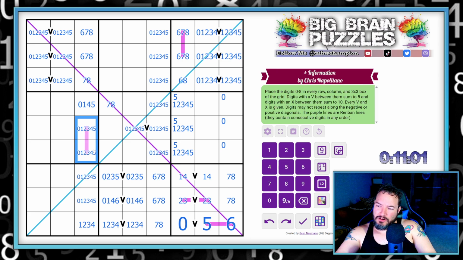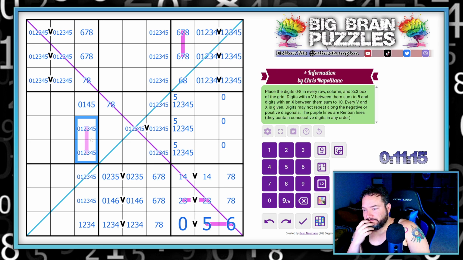What we know here is it can't be 2, 3 because there's no V on it. But it can be a 1, 2.